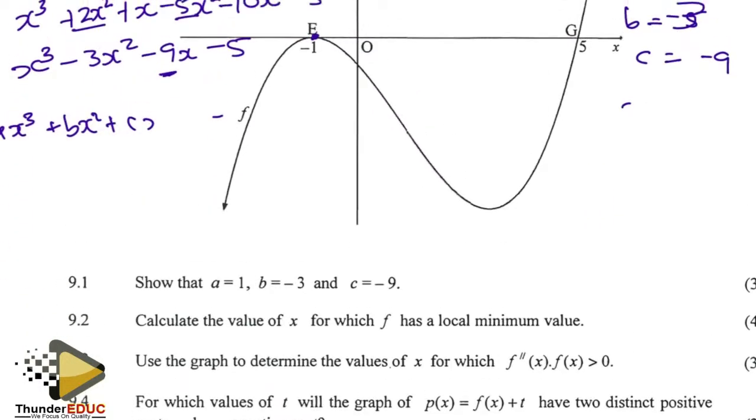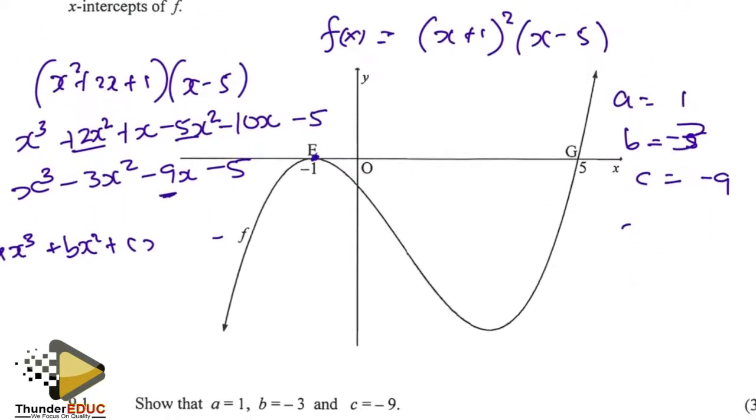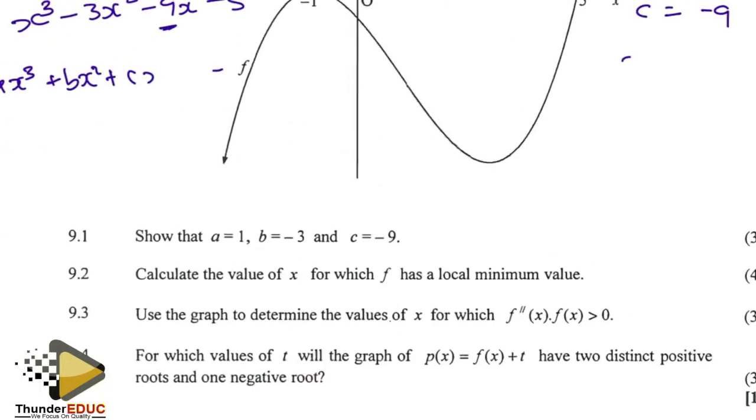Then calculate the value of x for which f has a local minimum. When you talk of a local minimum, they're focusing on the turning point. So I'll need to get the first derivative. That's going to be 3x squared minus 6x minus 9 equal to 0.